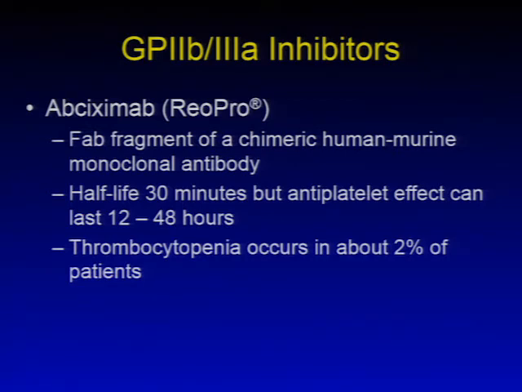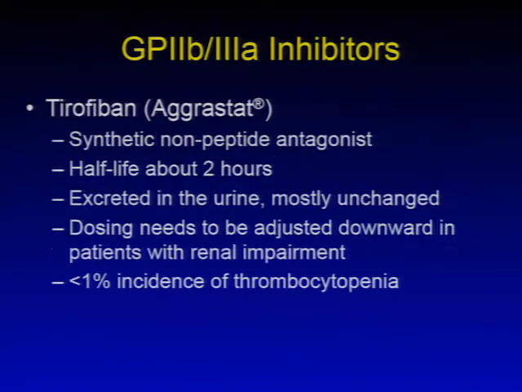Has a half-life of about 30 minutes, but an antiplatelet effect that can last from 12 out to 48 hours. Now, this is because abciximab will remain in circulation and kind of move from platelet to platelet. So despite that half-life being short, the antiplatelet effect can be quite long. Thrombocytopenia does occur in patients given abciximab about 2% of the time.